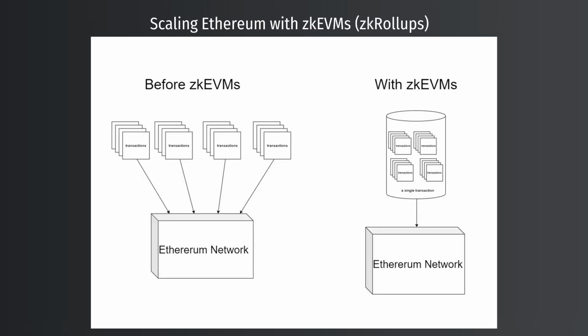To the left, what we have before zkEVMs is multiple transactions coming into the blockchain at not very exciting speed. And now we hope to have, well, actually do have, because these rollups and zkEVMs are live, zkEVMs that are able to batch transactions and put them into a single transaction. And this significantly increases how many transactions we can run on the Ethereum blockchain at a time.